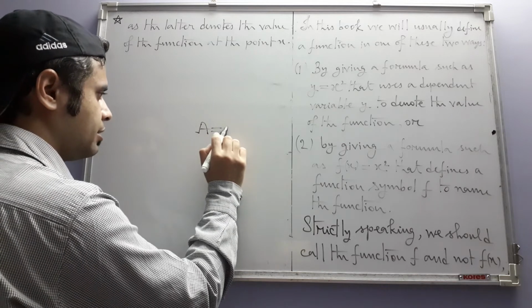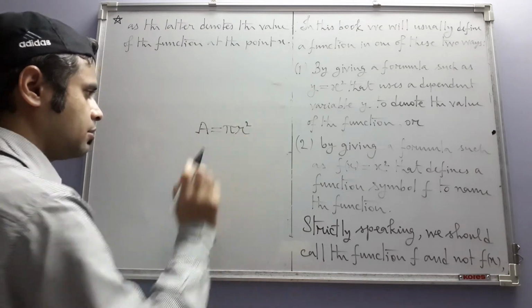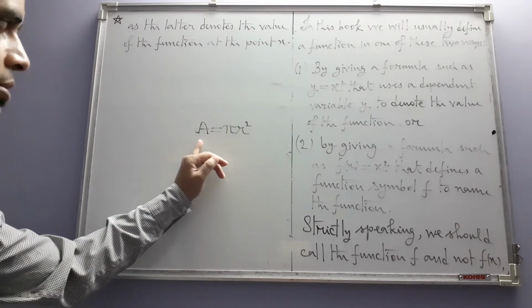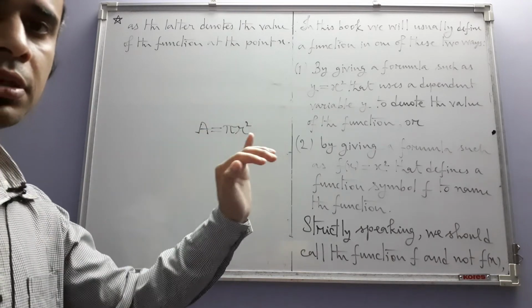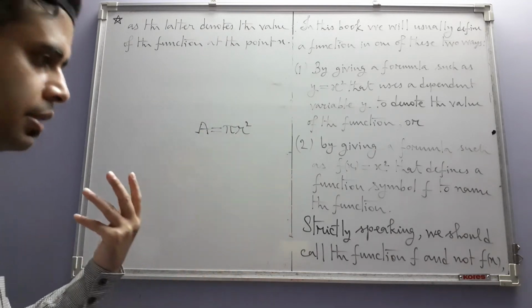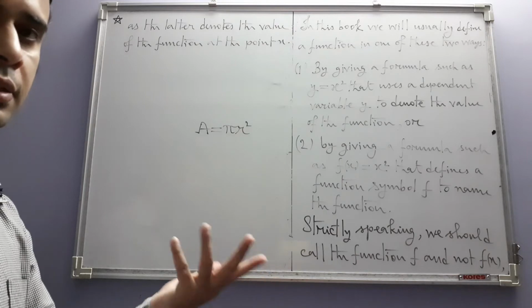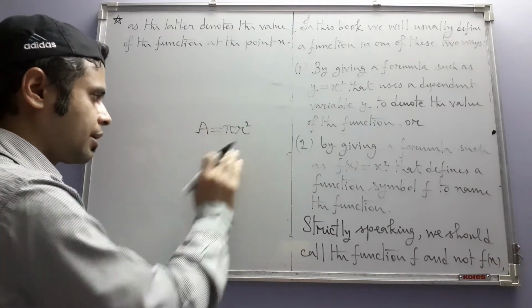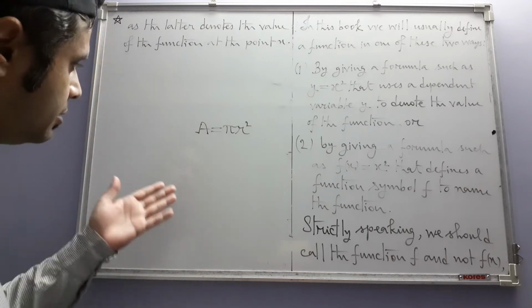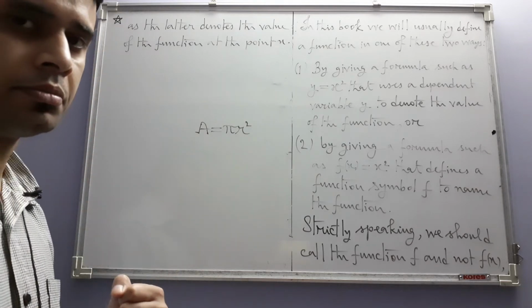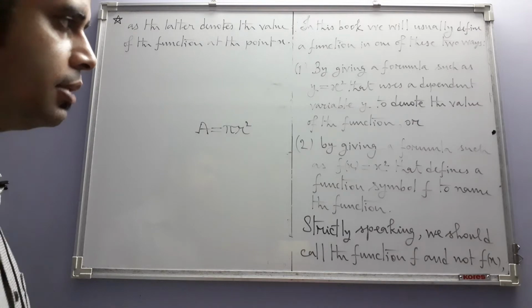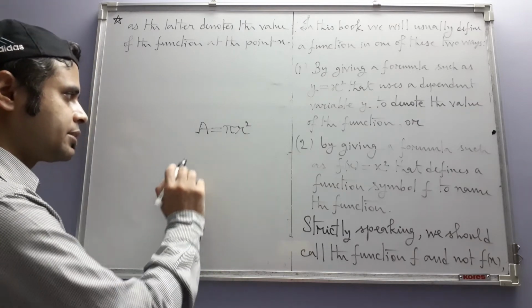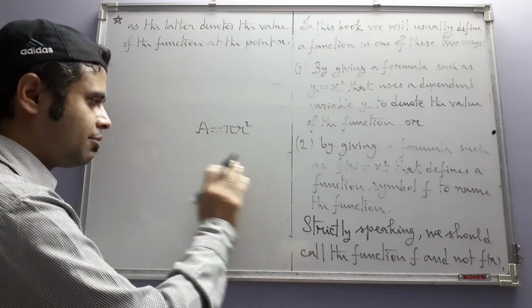We said that this equation defines A as a function of r. This sentence itself makes us think that A is a function of r means A itself is the function. Actually, that is not true. It's just a way of saying that A is a function of r.